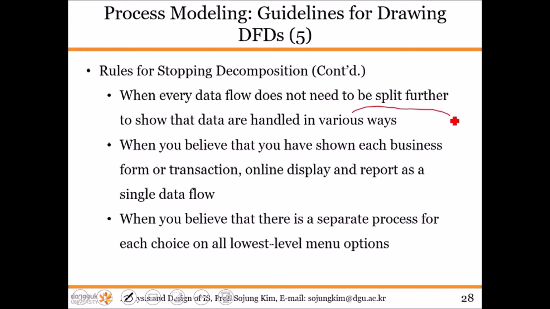And then when you believe that you have shown each business form or transaction, online display, report, as a single data flow. And when you believe that there is a separate process for each choice on all lowest level menu options, right? You can actually stop.